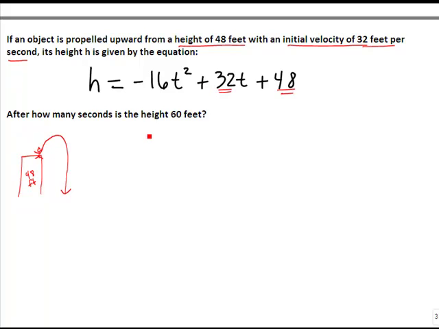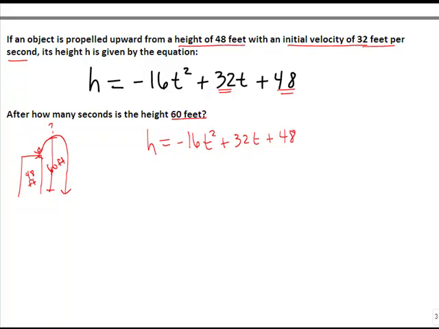So we have this height function, and the question is, when is the height of the object going to be 60 feet? So at some point, this object is going to be 60 feet off the ground. And we want to know, when does that happen? So if you think about this equation here, it gives us heights and times.